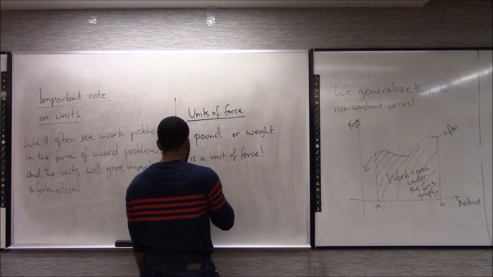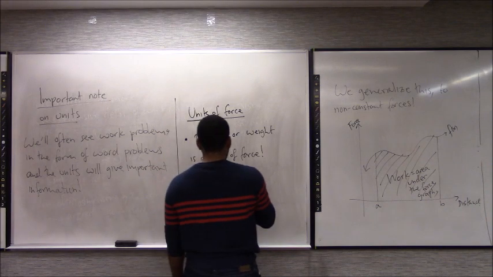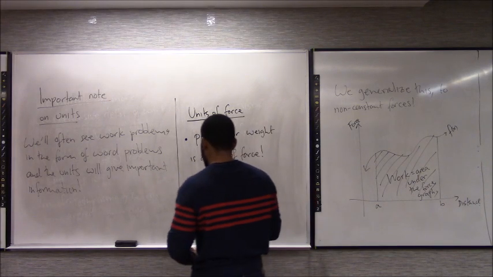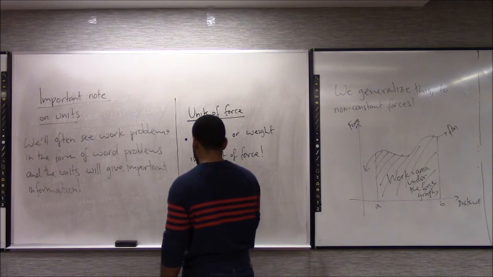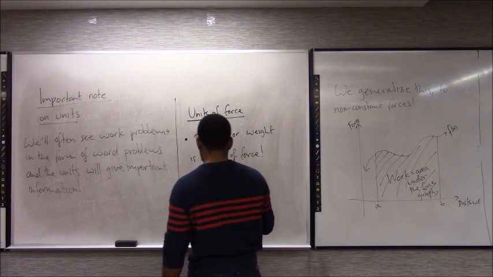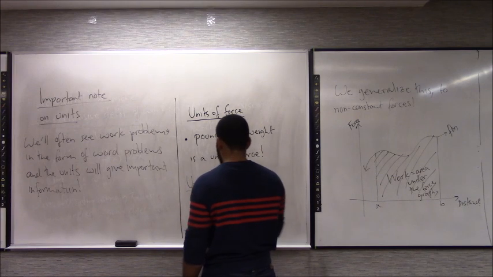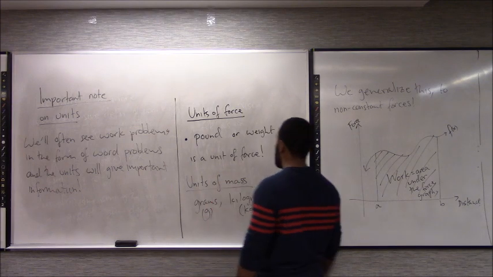But now you can have units of what we call mass. And these are like the grams and kilograms. So these are g, and this is called kg.